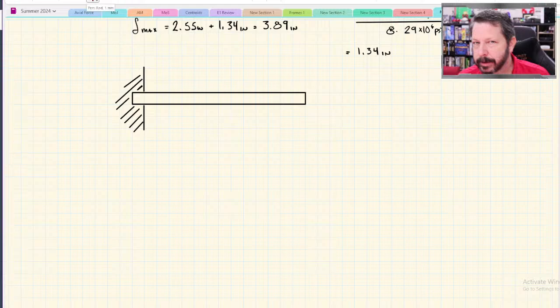Let's do one that looks pretty simple, but it's different. So here, let's just use the same numbers we've been using, so that we don't have to deal with the moments of inertia and modulus of elasticity E. So we can just keep those numbers. Let's just change up the load here.